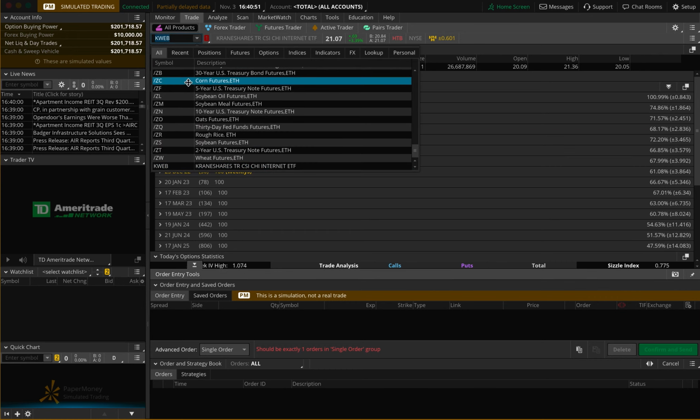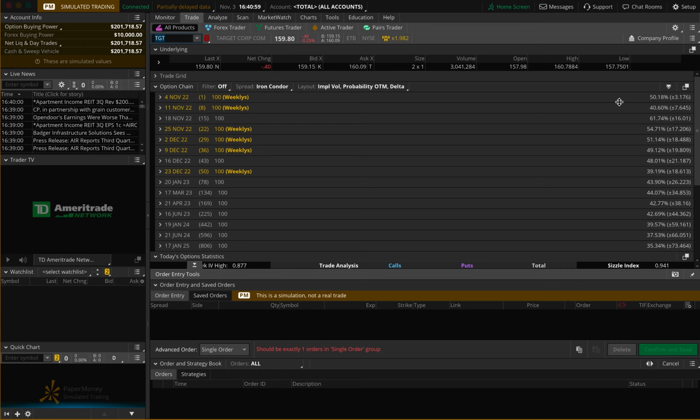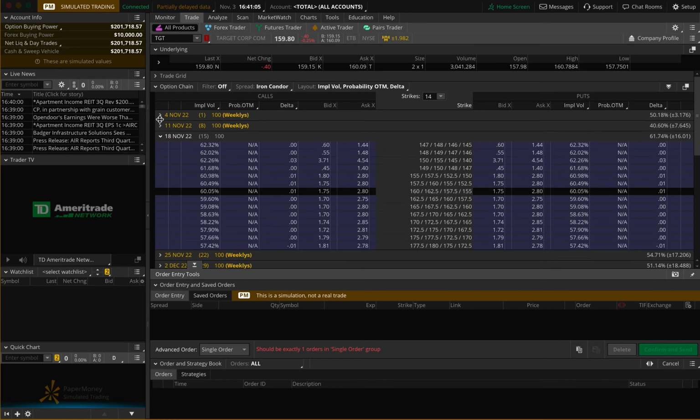So the first one was, if I can type in here, target. And the whole idea behind this is that you pick to sell, and we're going to take this down to 10 because we don't need that many, and singles, not iron condor. We pick the days to expiry with the highest IV because we have earnings coming up in 9 days.